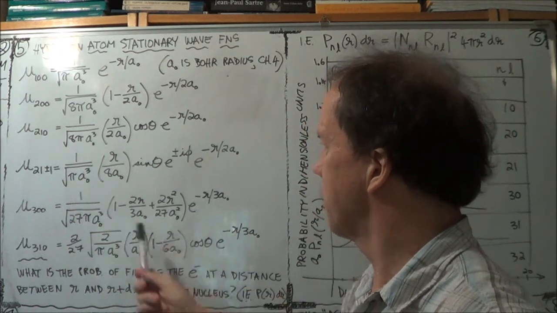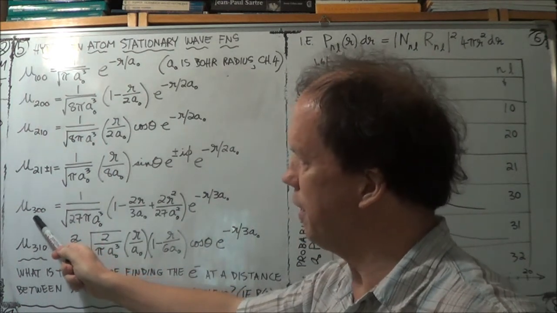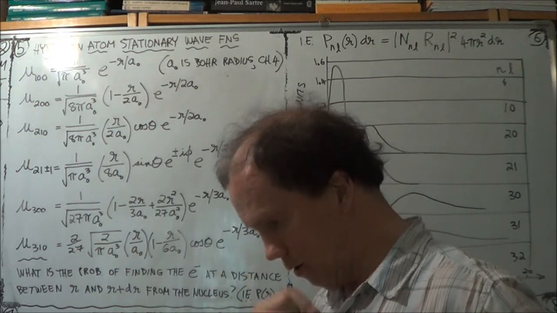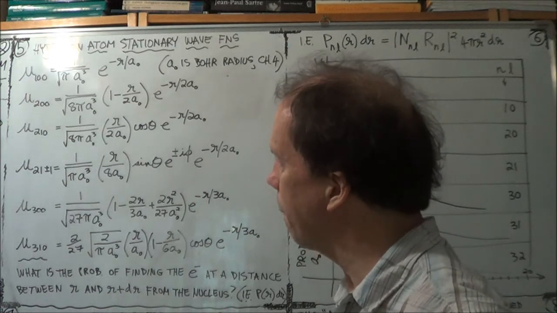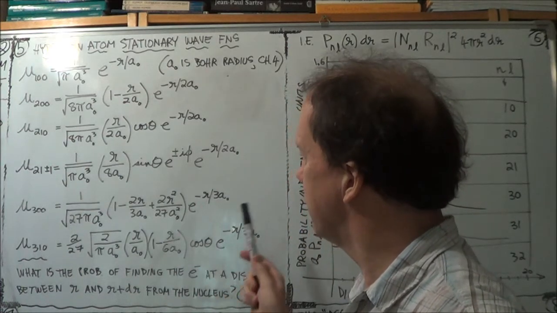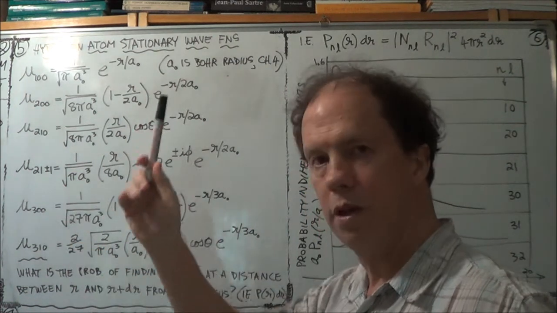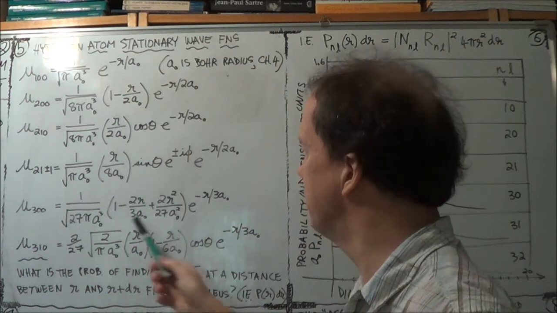Alright, well, things get a bit more complicated. Now here we've got n as 3, like your third level, your third energy eigenfunction. Right? And L is 0, m is 0, so there'll be no mention of angles, theta and phi, no polar angles in your term.